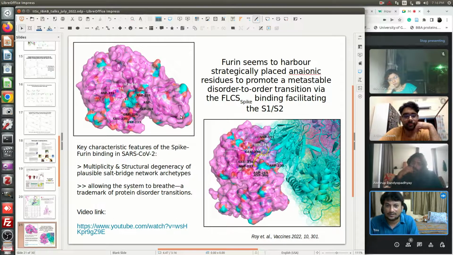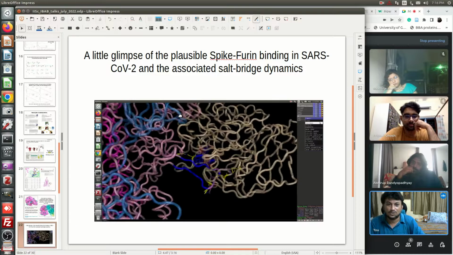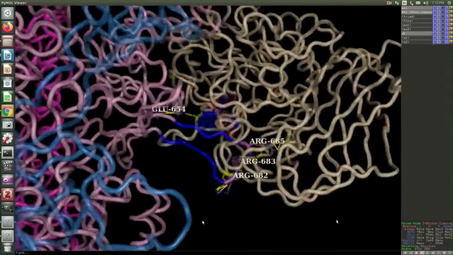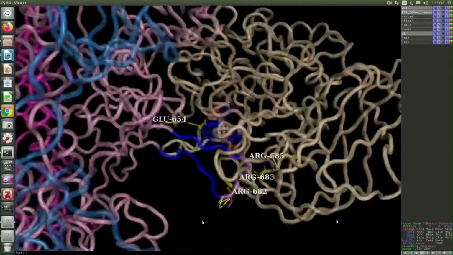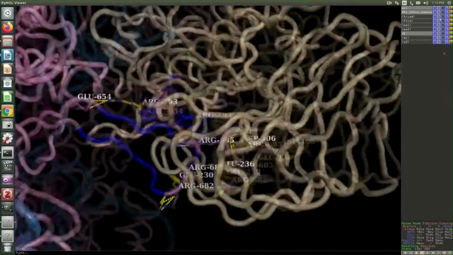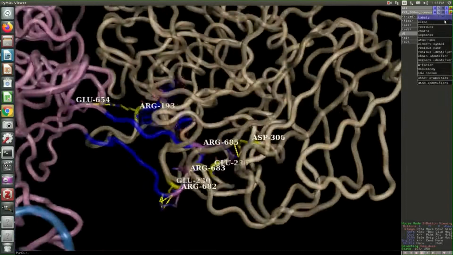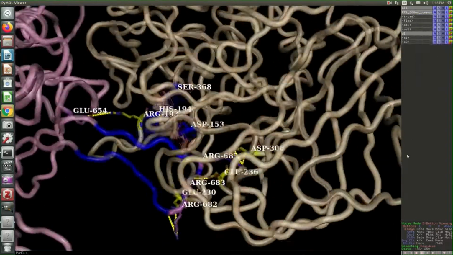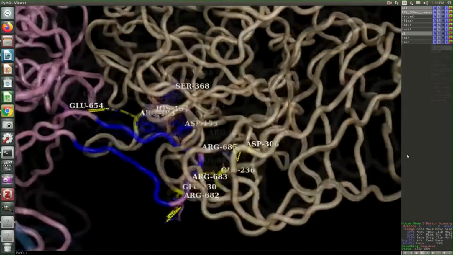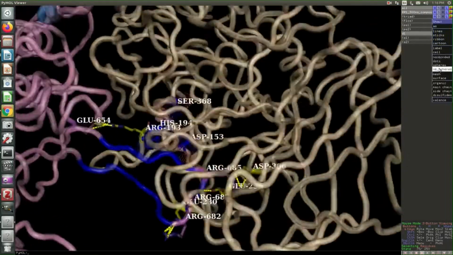So I'd show a little video. Yeah. In this little 30-second video, I just joined a few pieces of clippings from the 500 nanosecond MD simulation trajectory of the top ranked docked pose of spike furin.